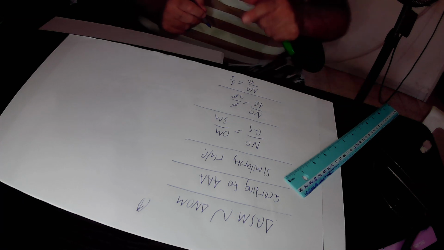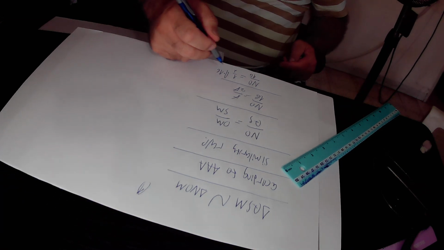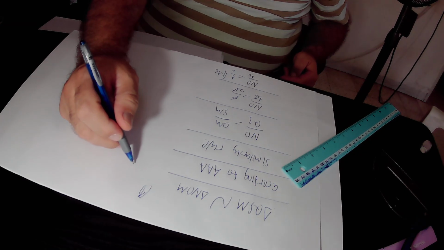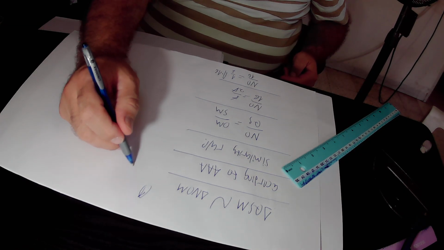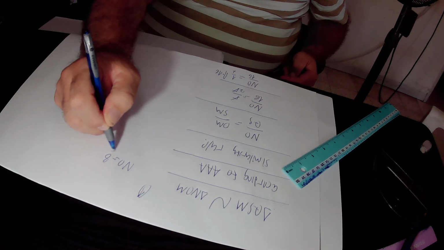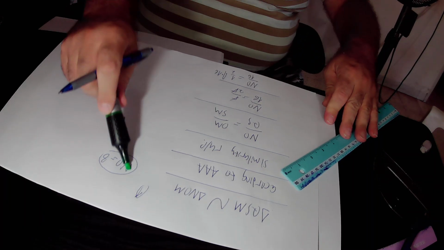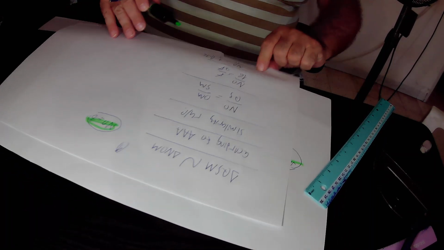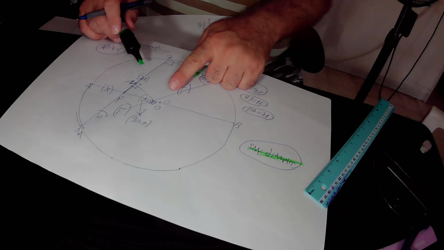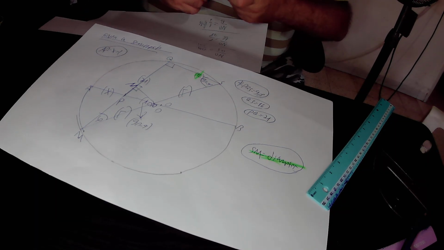Here we will multiply this equation by 16, and we get that NO or ON equals 16 over 2, which is 8. So we found out that the missing side NO is equal to 8 units in its length.